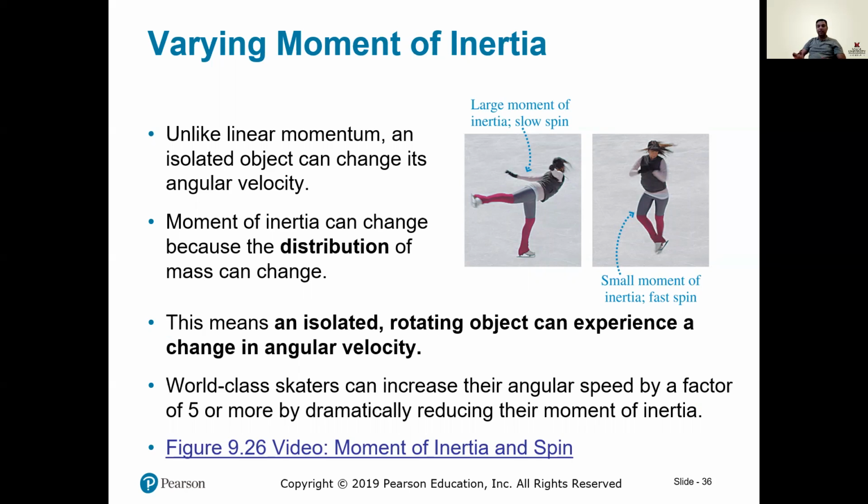Now we have two new candidates in that list: linear momentum and angular momentum. And we have also established how these two are related to their force counterparts. All right, so I'm going to stop here, and we will meet again for the next chapter, which is the chapter 10 discussion.